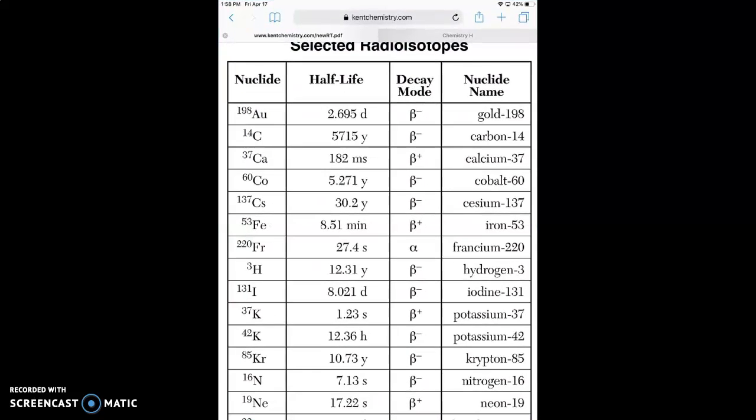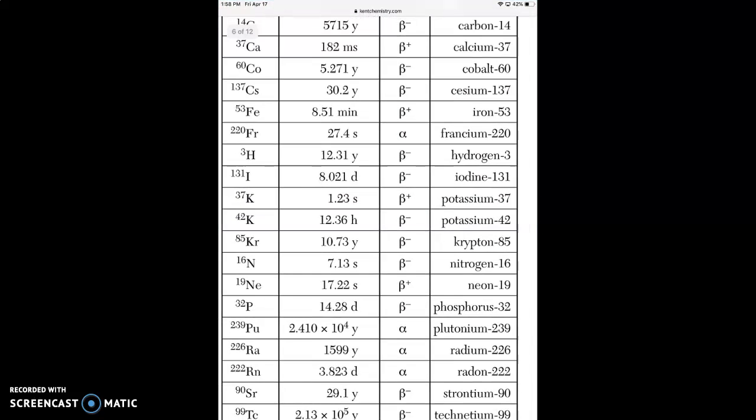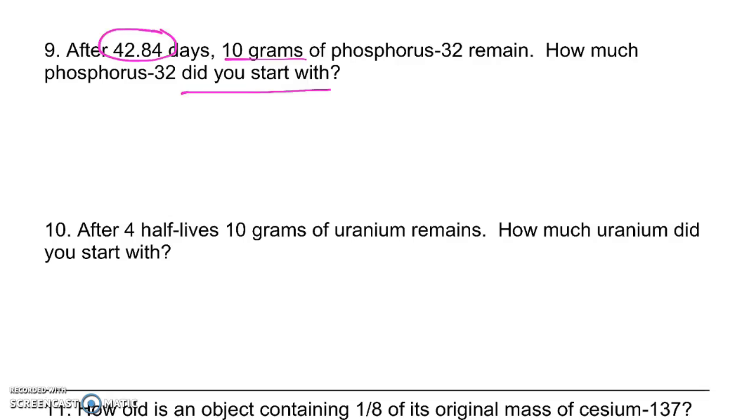If I know the total amount of time that went by, I can figure out how many half-lives went by. So phosphorus-32 is 14.28 days. 42.84 divided by 14.28. Okay, so I get that 3 half-lives went by, right?